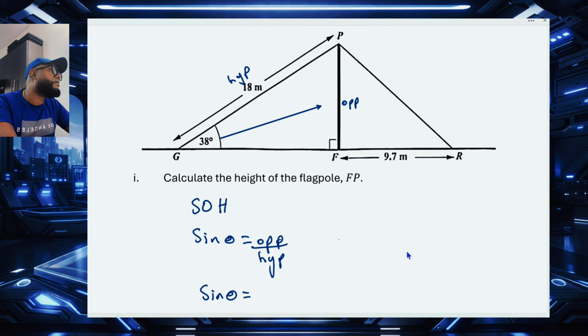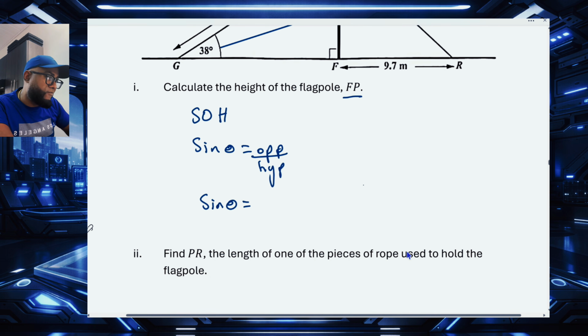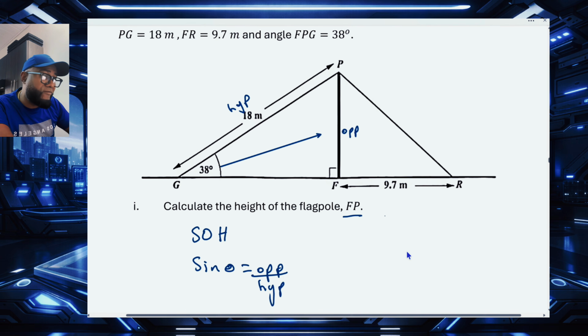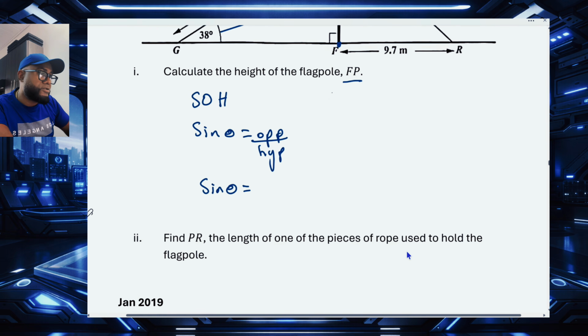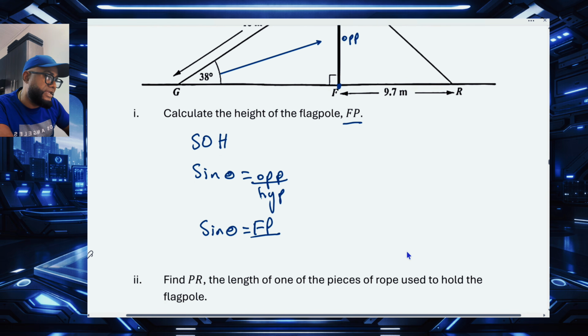You could use that, but let me use capital FP, which is what they're asking for. I'll use what CXC use. So it would be FP. You see where I get the FP from, right, Micah? F here to P. So it would be FP over your hypotenuse, which is 18.